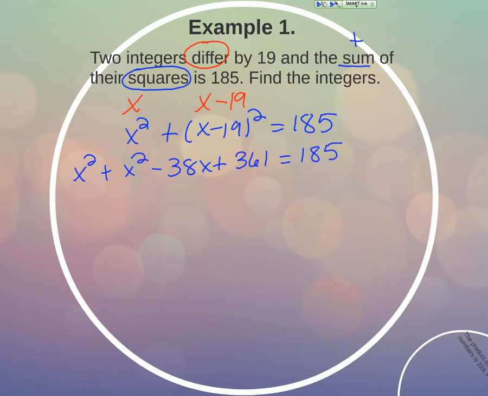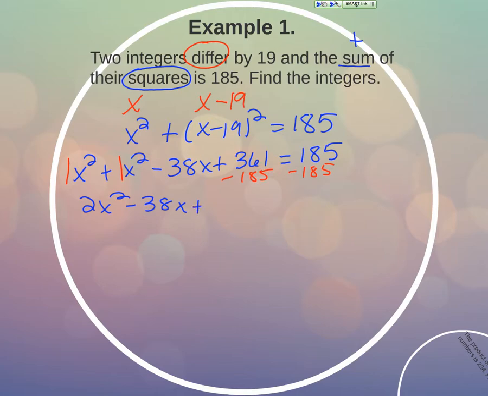Again, you might take a little bit more steps when you FOIL that. That's fine. Then when I combine my like terms, I've got 2x squared minus 38x. And then I've got to minus that 185 so that it equals 0.